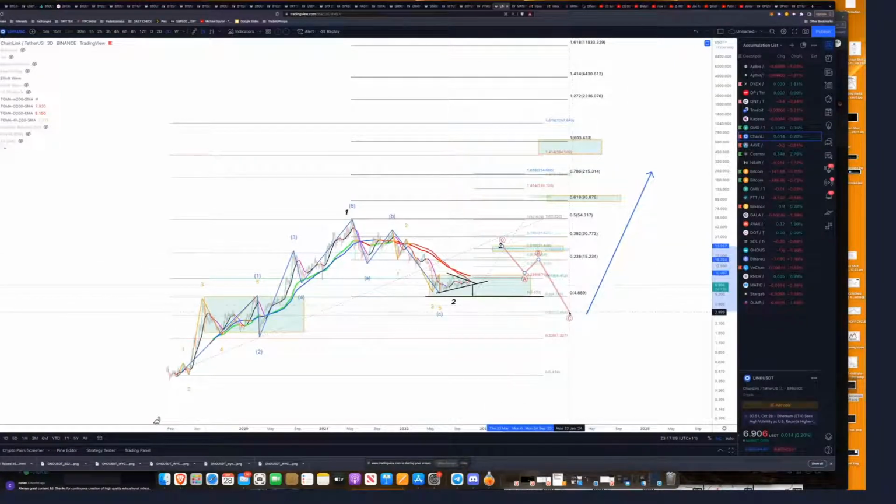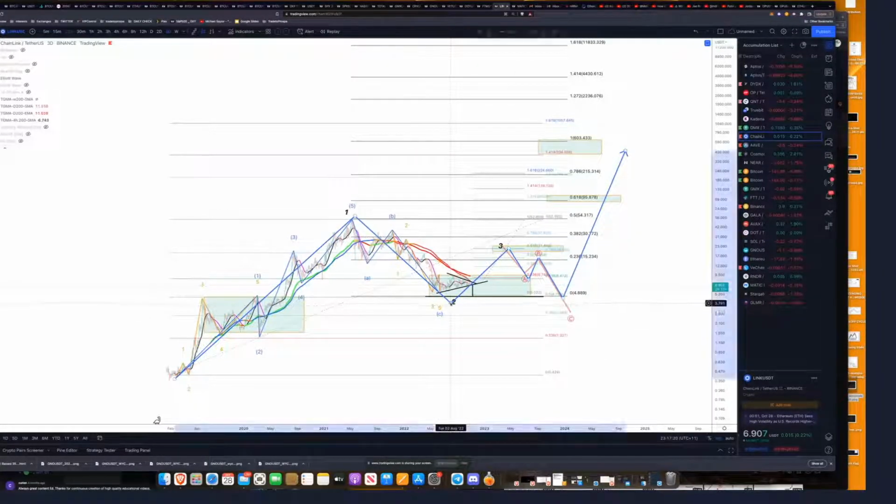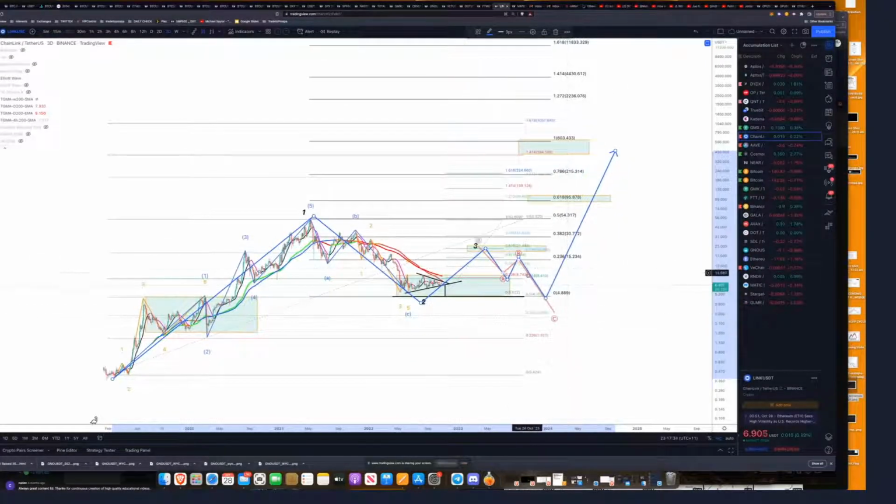I don't know how far, maybe to there. So if we had this 1, 2, 3, then we have A, B, C, and then up. That's what I'm thinking at the moment. But it's got to be in line with Bitcoin, I suppose. So the bull is going to take a while. Anyway, that's what I'm thinking out loud.